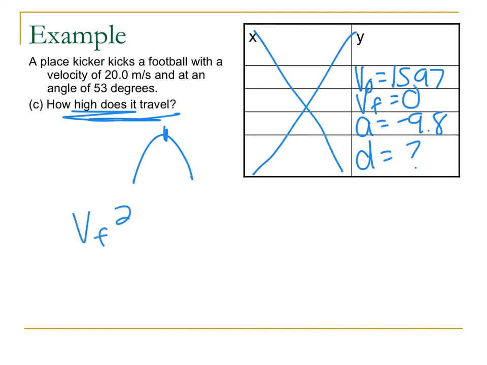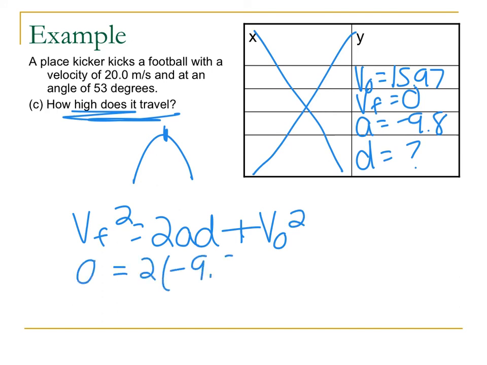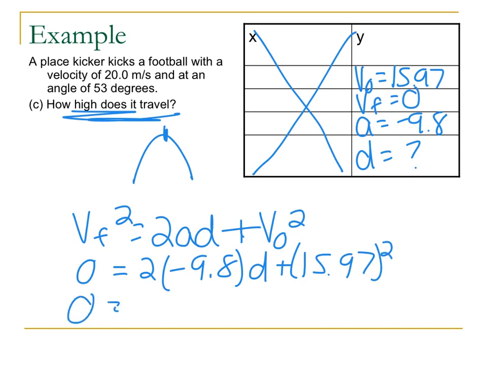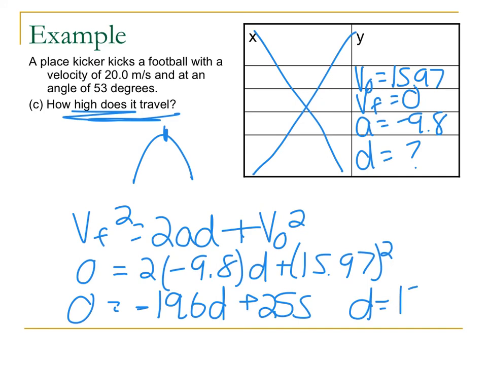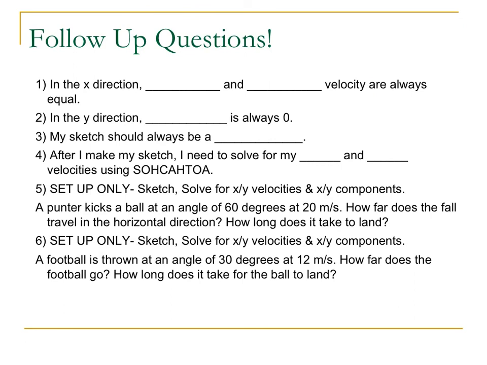So sometimes in these problems, you will have to have a second t-chart. But that's really going to depend on what the problem is asking. So let's plug in our numbers. So 0 equals negative 19.6 d plus 255. So for my distance, I'm going to get 13.0 meters.